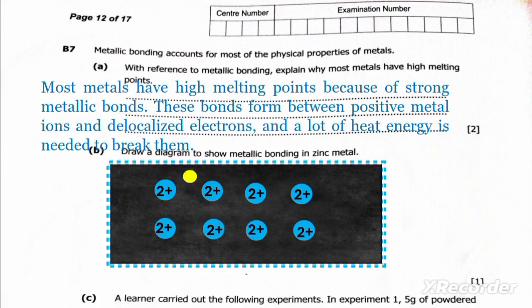Then also draw the negative charges. These are delocalized electrons. The negative charges are delocalized electrons. So we have drawn the metallic bonding in zinc metal.